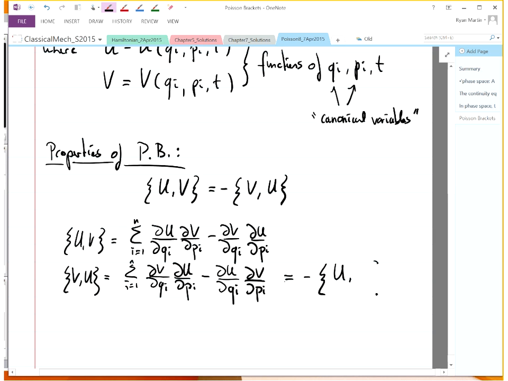So that indeed is equal to minus what you get for U and V.